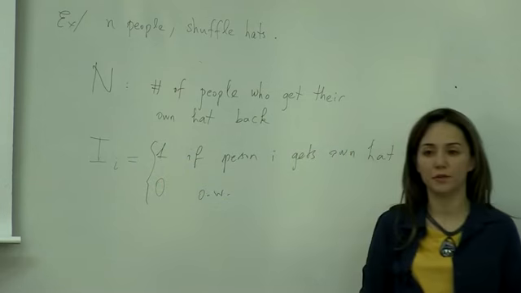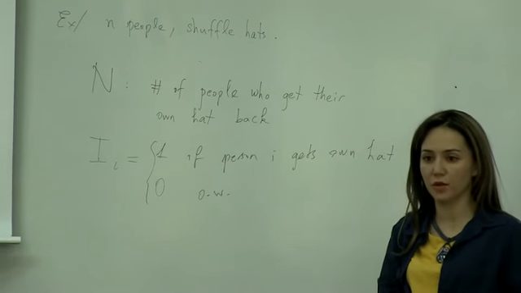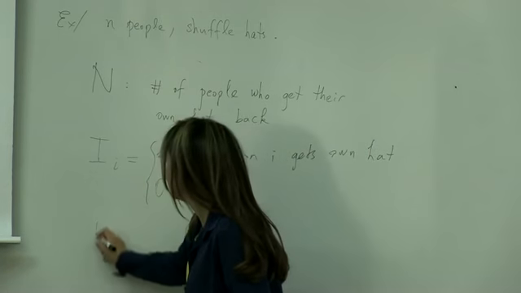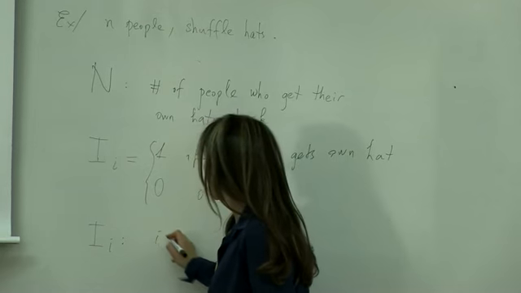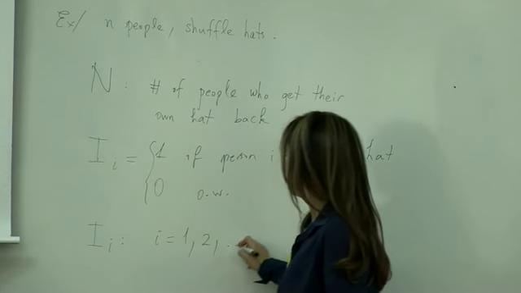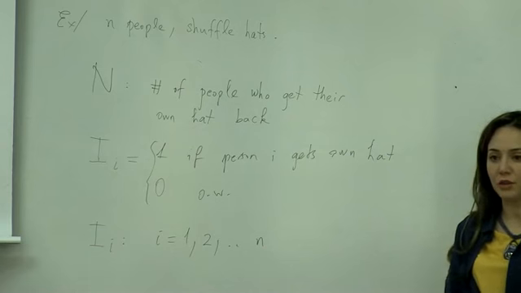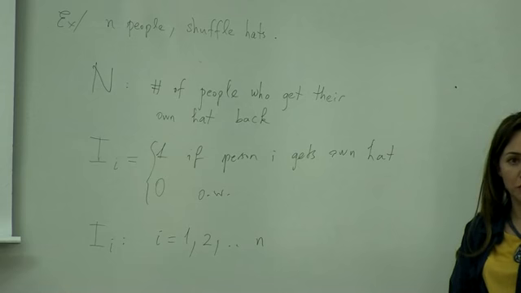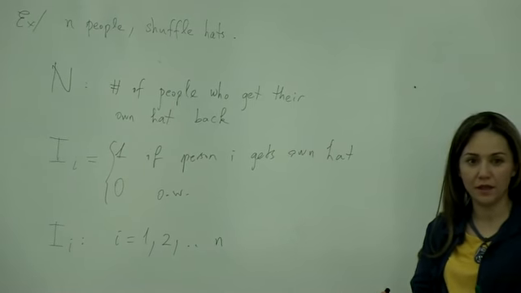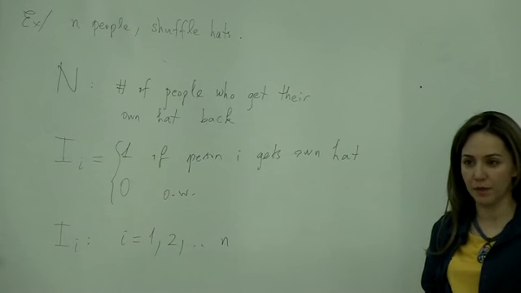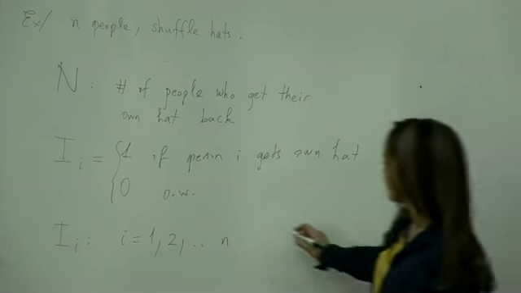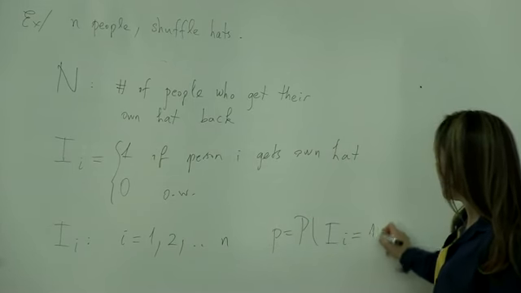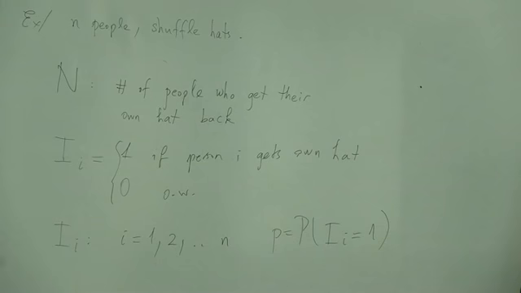Now, these indicator random variables, for all i from 1 up to n, are they Bernoulli random variables? Yes, they are, because they are 1 with probability p, 0 with probability 1 minus p. What is p? P is the probability that I sub i is equal to 1, and it's the same for any i.